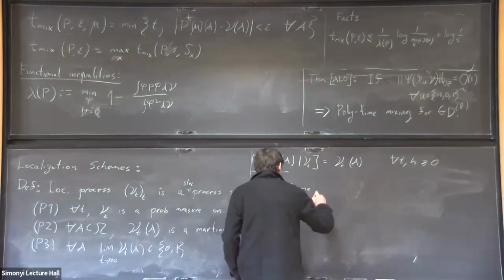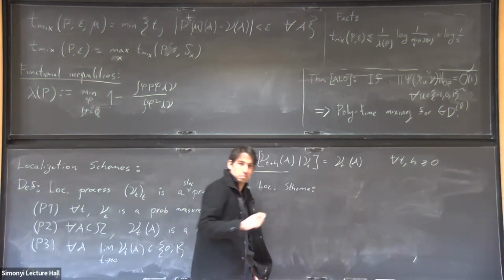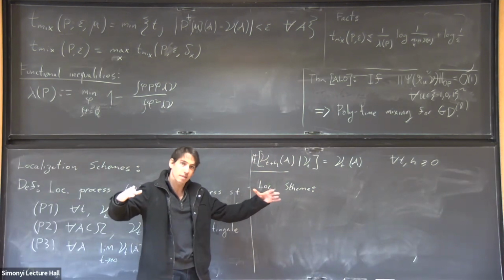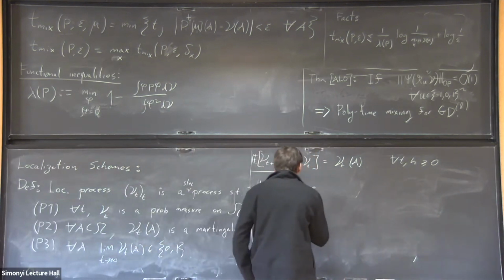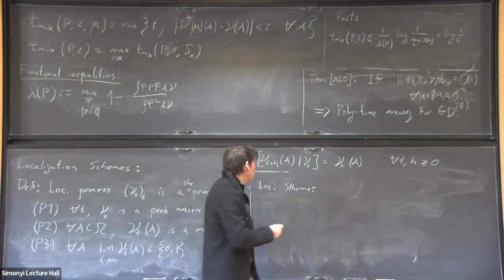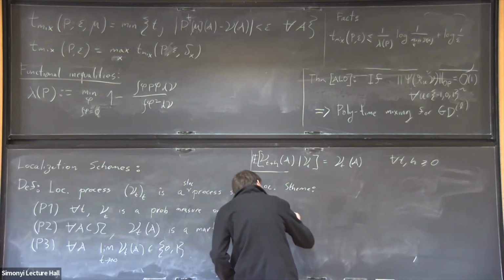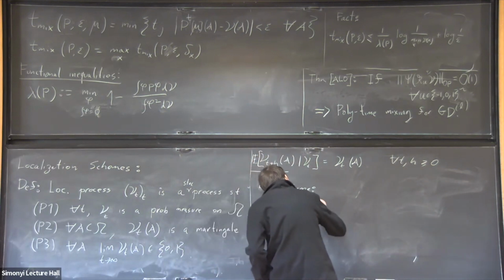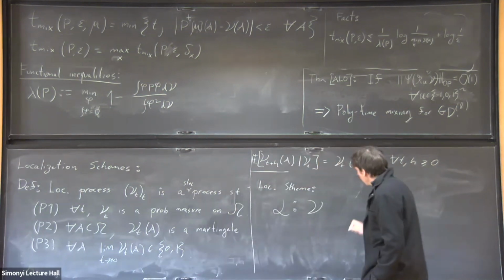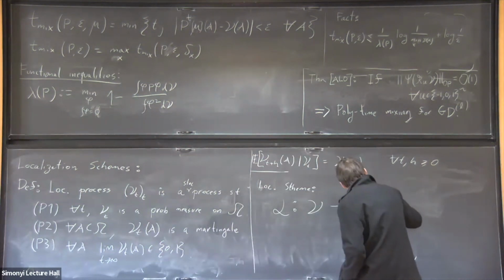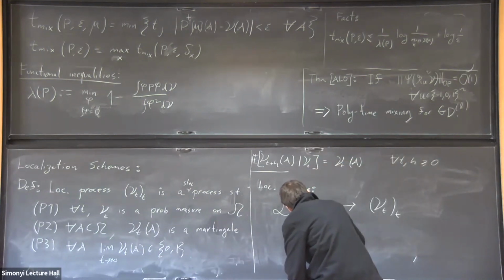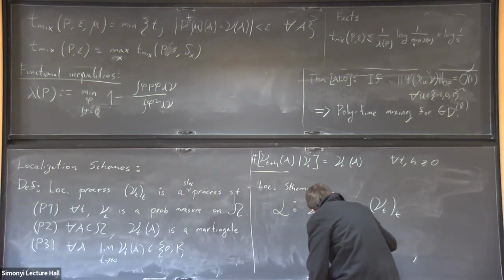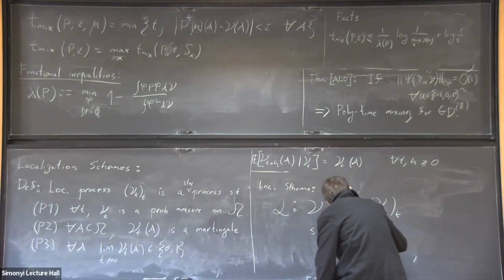Yes, but let me just define this and then give some intuition. A localization scheme is just a mapping that takes any measure and assigns to it a localization process such that the process at time 0 is our original measure.